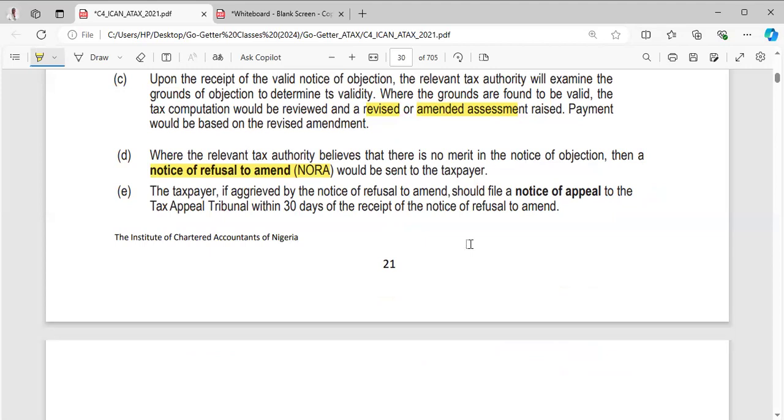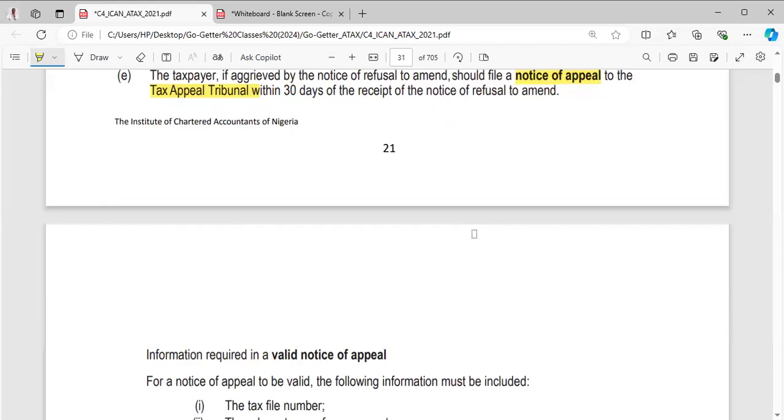So you have 30 days to file a notice of appeal to the tax appeal tribunal. You have 30 days from the date of receipt of the refusal to amend. So 30 days is what is required.